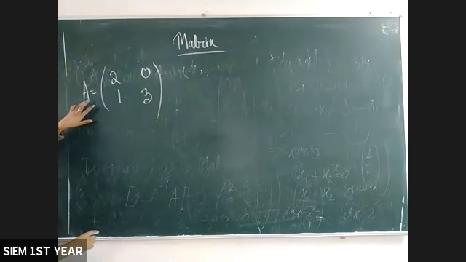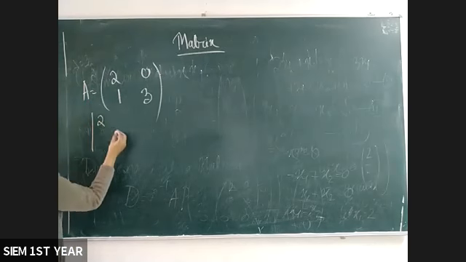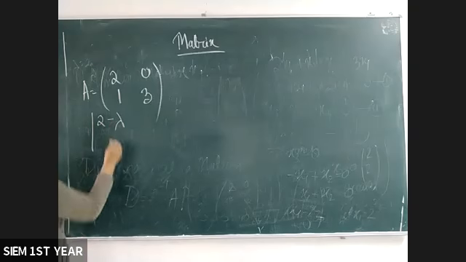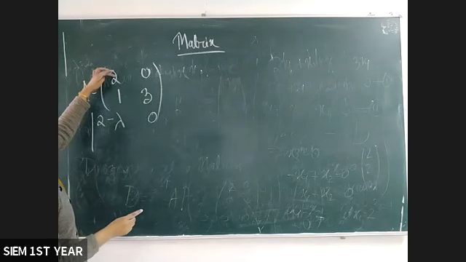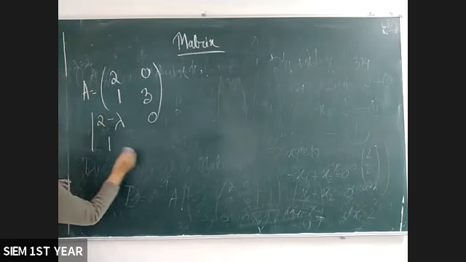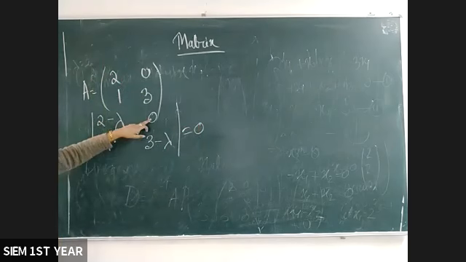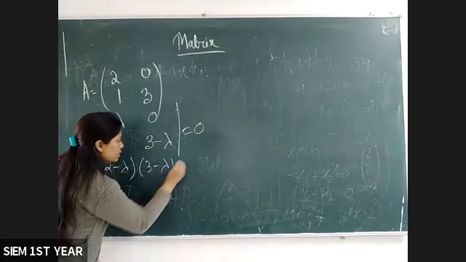So what is the characteristic equation? You write the characteristic equation of A, where you can consider x or lambda, since you already know lambda is the eigenvalue. You just write minus lambda in the diagonal elements, and the remaining elements will be the same. Since this is 0, you will only get (2 minus lambda)(3 minus lambda) equal to 0.